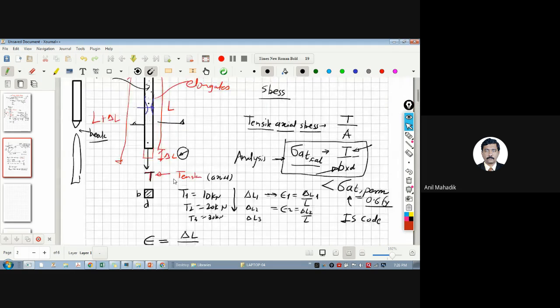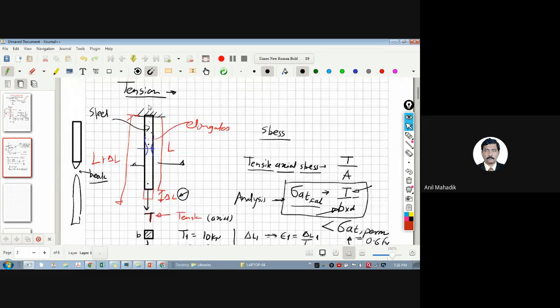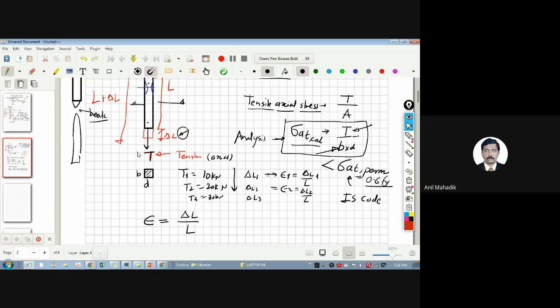Let's assume this is a rod which is suspended from the ceiling and we are applying a force T equal to, let's say, 10 kilonewton. So the tension force on this rod is 10 kilonewton. The size of this rod is B equal to 100 mm, and D is also 100 mm.